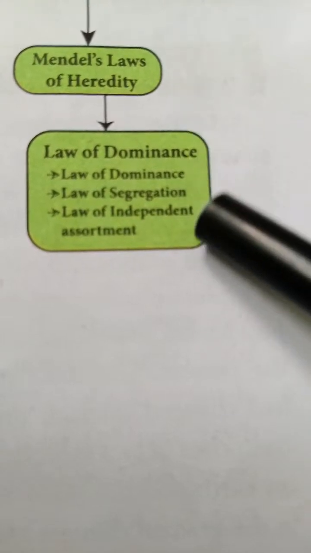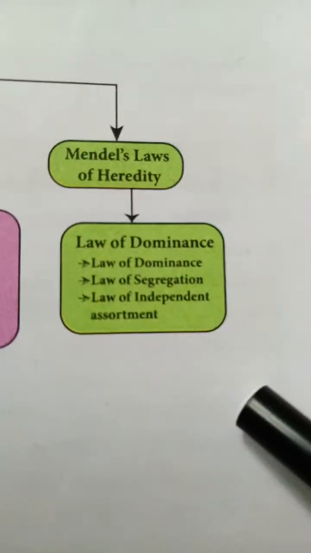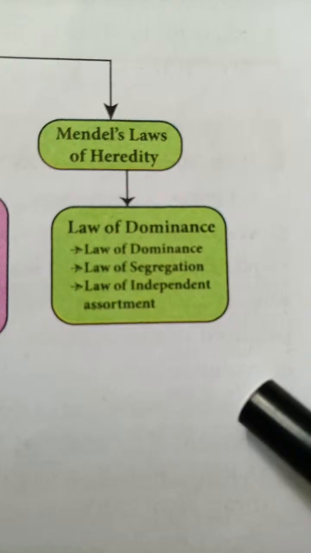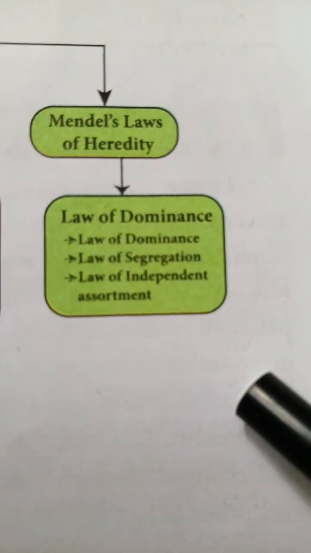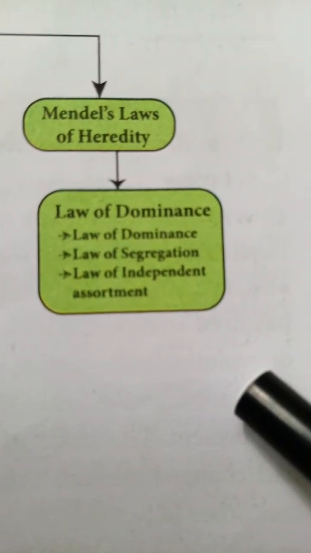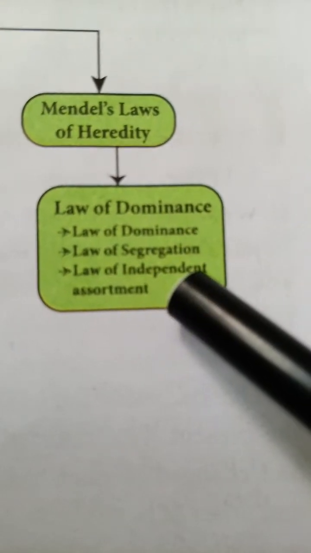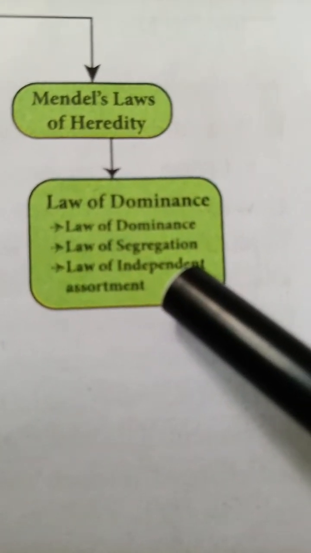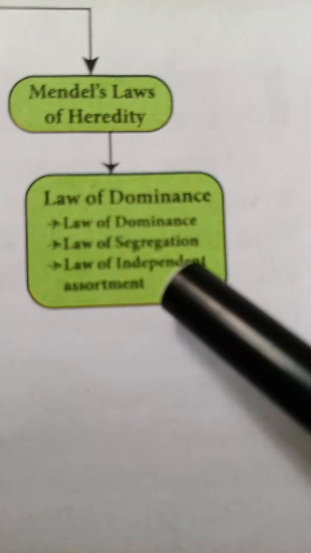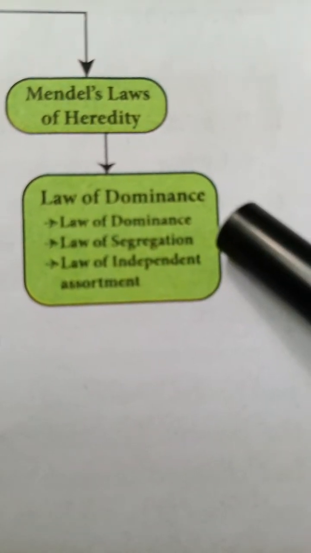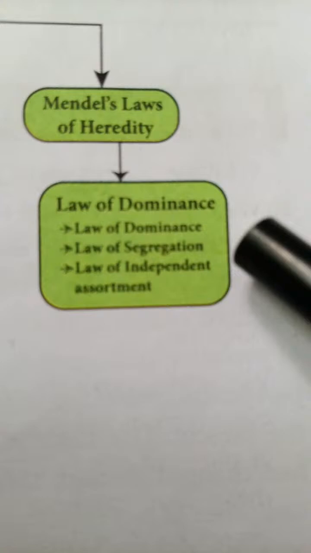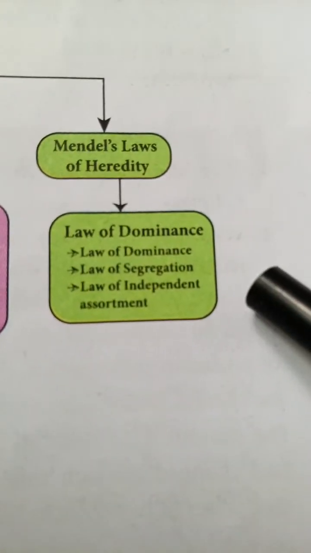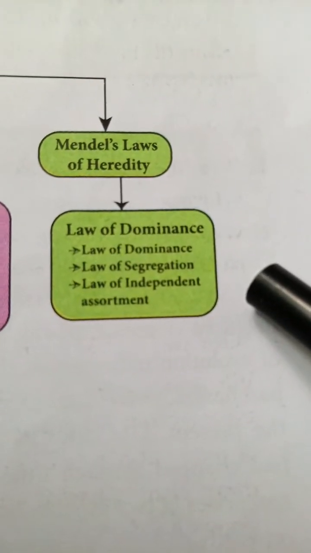For all this I have given a video stating segregate, dominate, and assort, independent assort. So you can go to that video. I'll share the link with this, so that it will be very useful for you to understand.